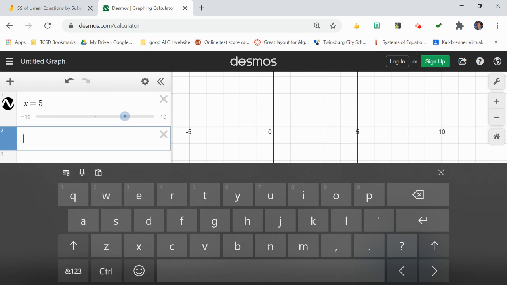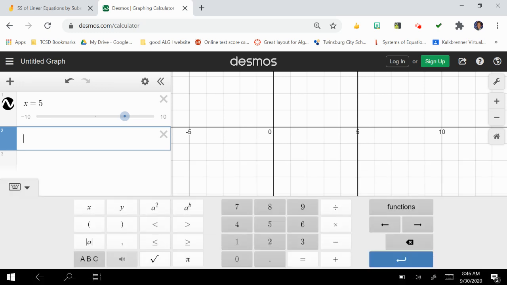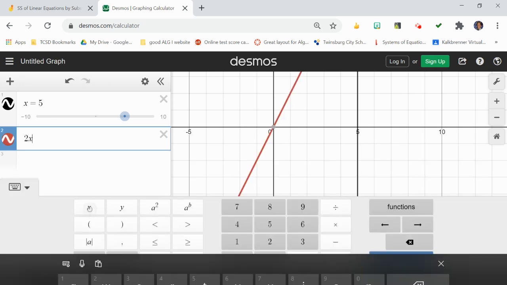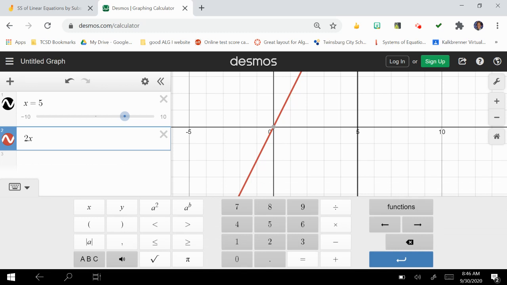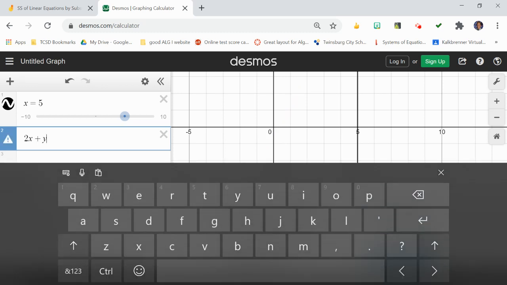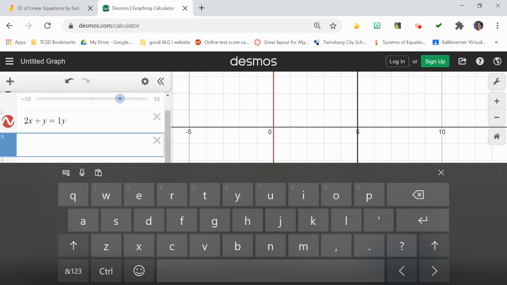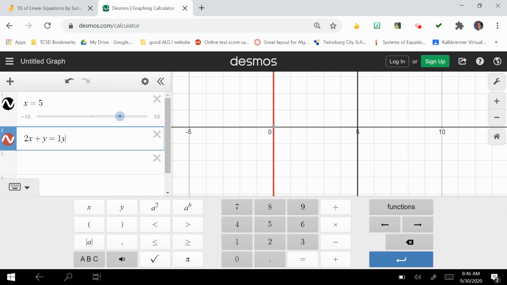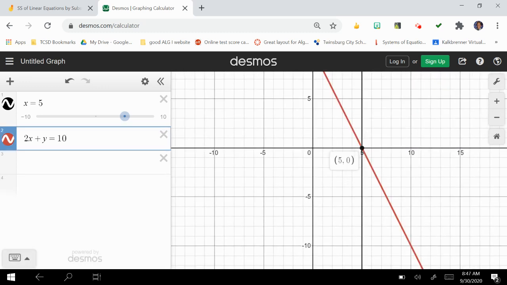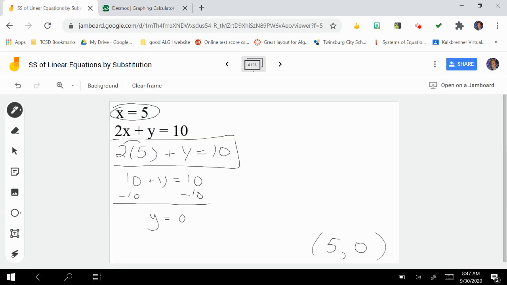And then we're going to get 2x plus y equals 10. And if you look at that POI, it's 5, 0, just like we got with our algebra here. All right, so we're going to just check with Desmos.